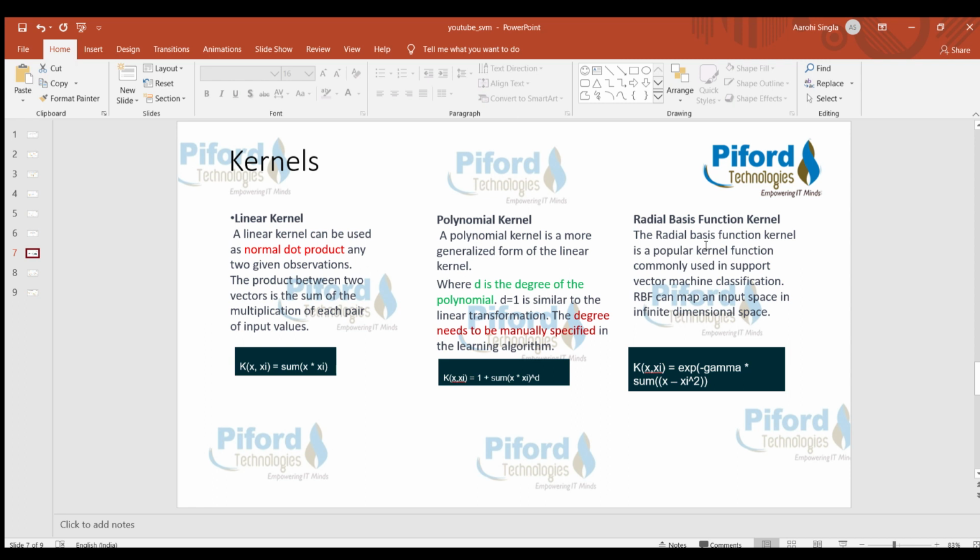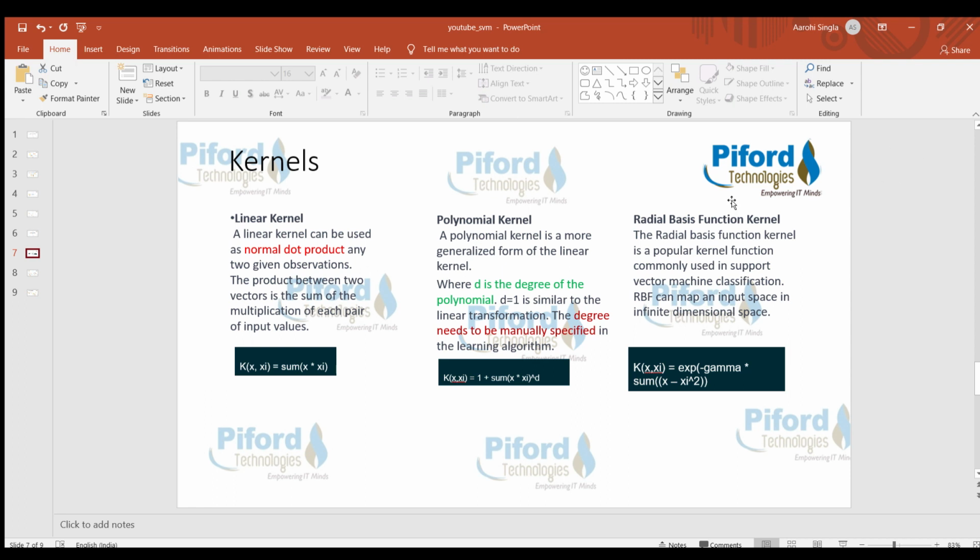By default, if you are using an SVM kernel, the kernel which is selected is the RBF kernel only. And if you want to work on non-linear data, then you have to choose between the polynomial kernel and the RBF kernel. These two kernels are used when you want to handle non-linear data, right?